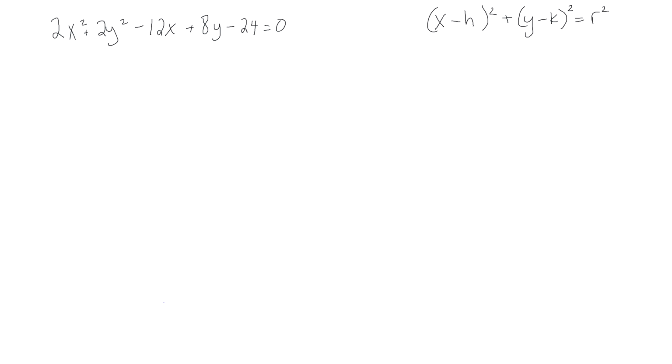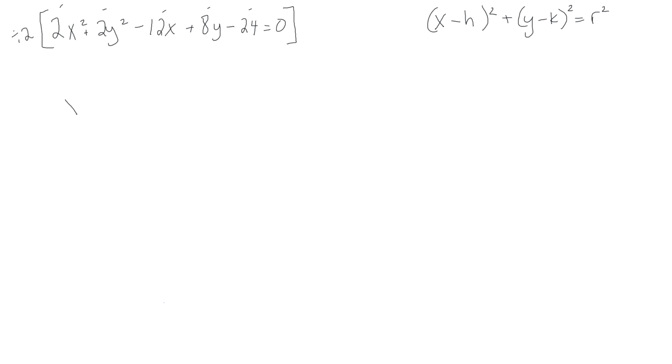They're all divisible by 2: 2, 12, 8, and 24. So I'm going to divide the whole entire equation by 2. This time we're going to divide everything by 2 and just rewrite it.